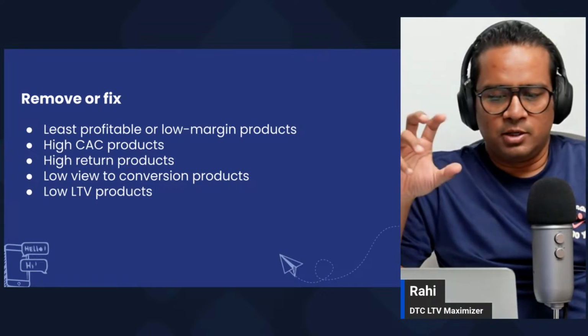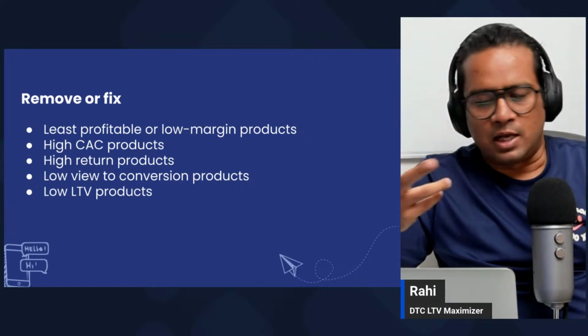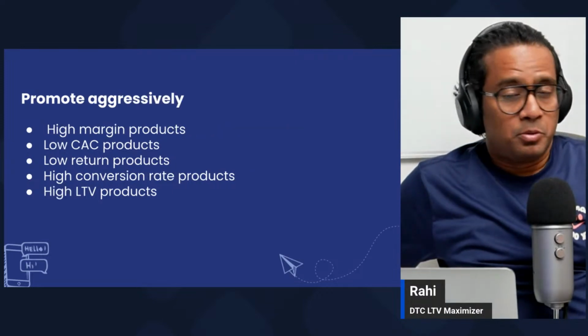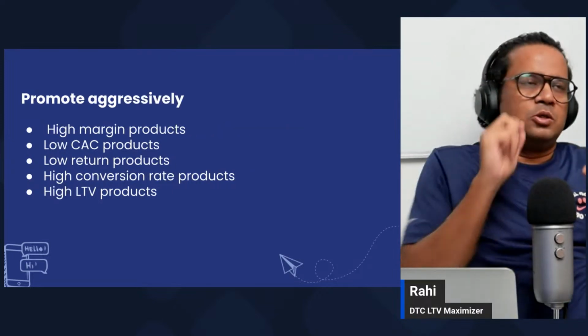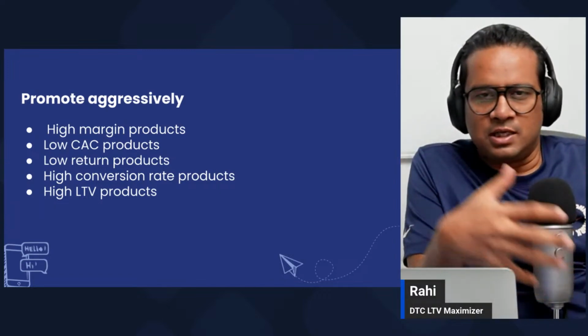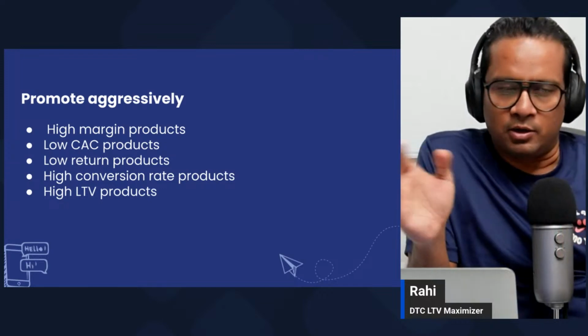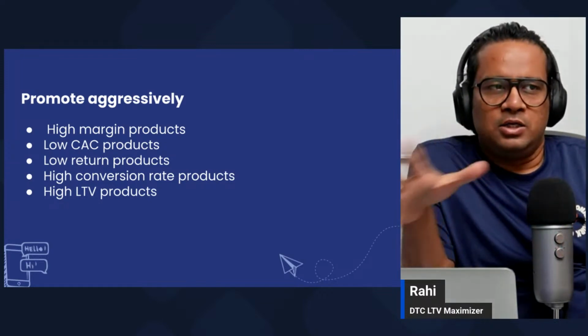So for the least profitable, high CAC, high return, low view to conversion, or low LTV products, you don't promote aggressively. It's less about removing and more about fixing, but more importantly, it's about direction, the focus of the brand or company needs to be around the right products.